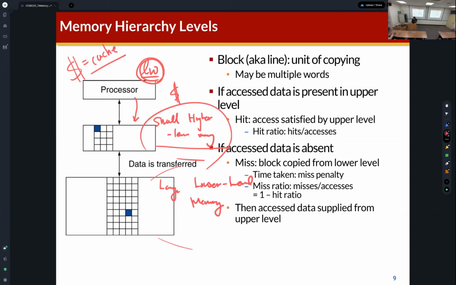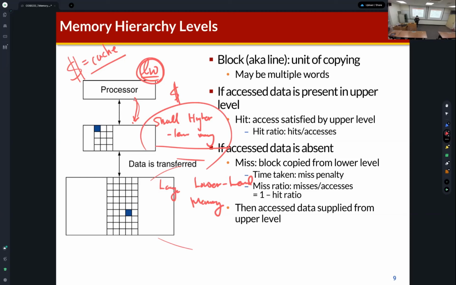When the processor executes a load instruction, it first accesses the higher level cache, called the level 1 cache. But the size of the cache is small, so the requested data may or may not be found in the cache.